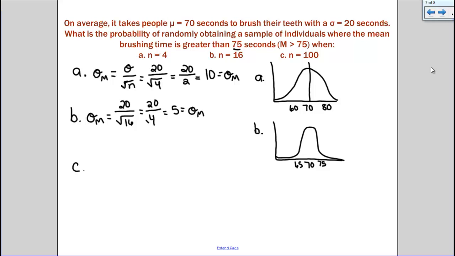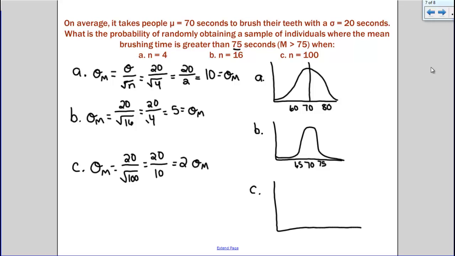Part C. Standard error when we have a sample size of 100. So 20 is our standard deviation, sample size of 100. This becomes 20 divided by 10, and 2 is our standard error. Even smaller than the standard error for part B because now we have an even larger sample. So in this one, our mean is still 70, right?